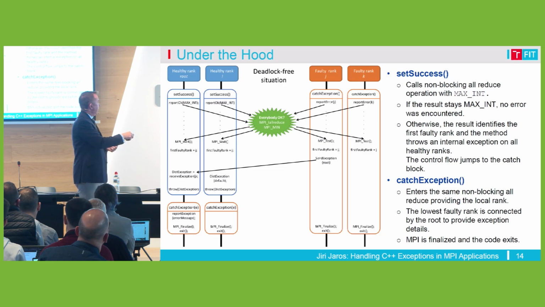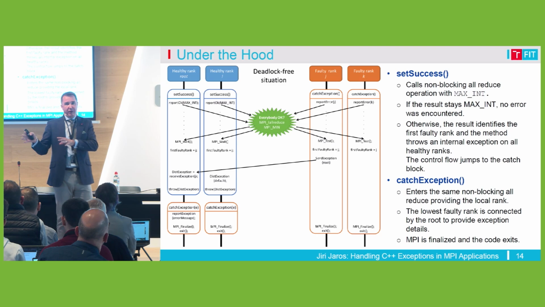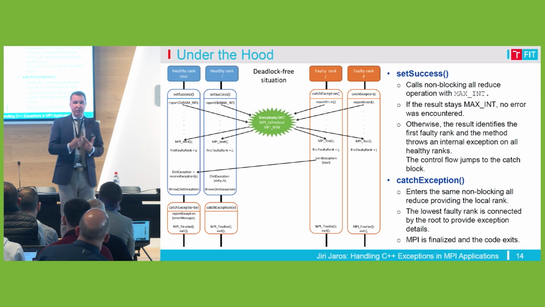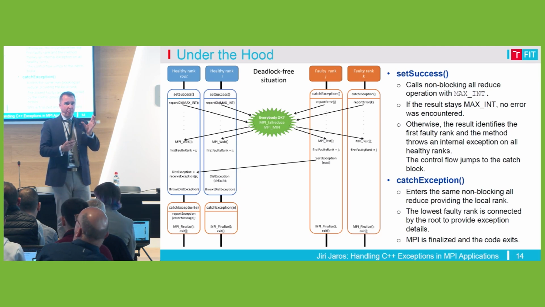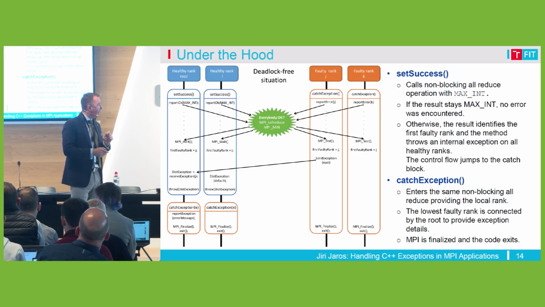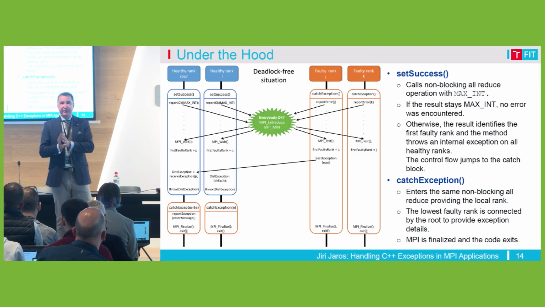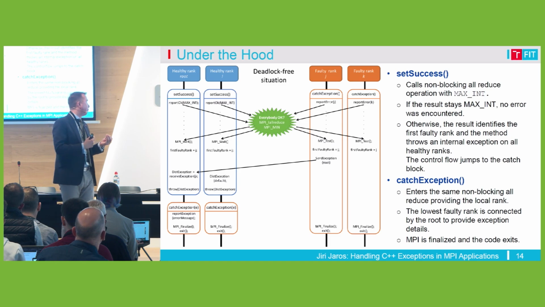So, okay, we are here. So basically we've got some faulty ranks, some okay ranks, and now we need to find out. So basically from the I reduce operation, we get the name of the first faulty rank, and this faulty rank is then responsible to pack the information about the error and send it to the root rank, or to the rank who's responsible for reporting the error.